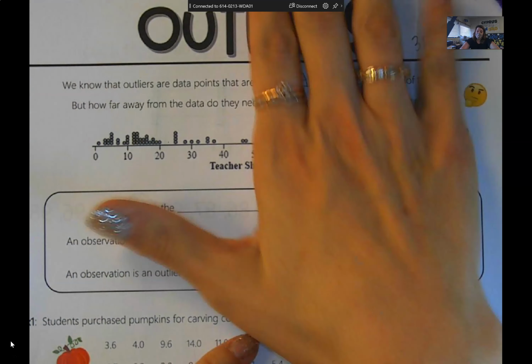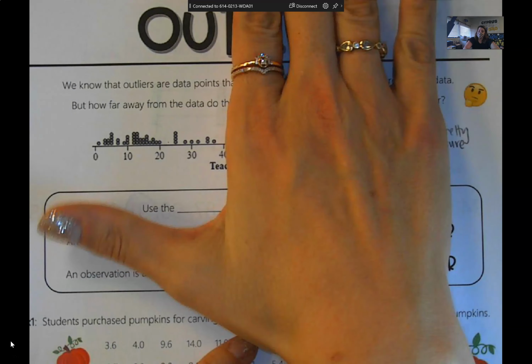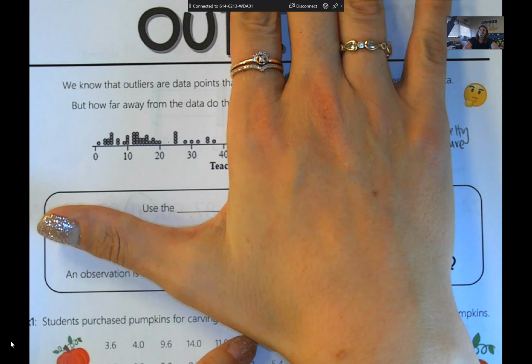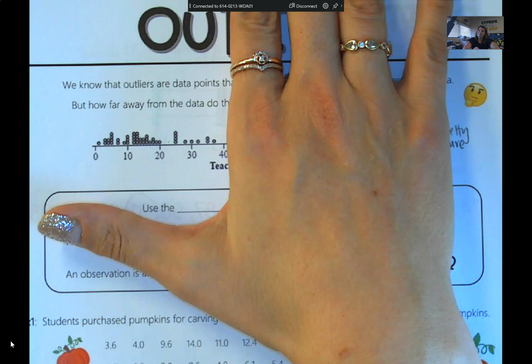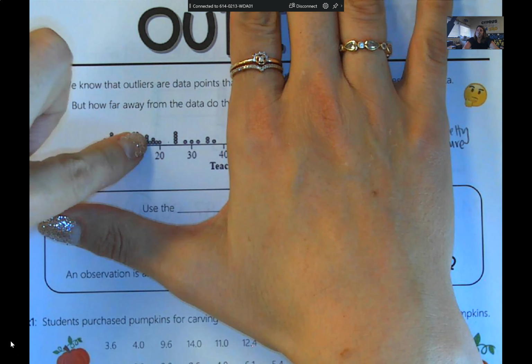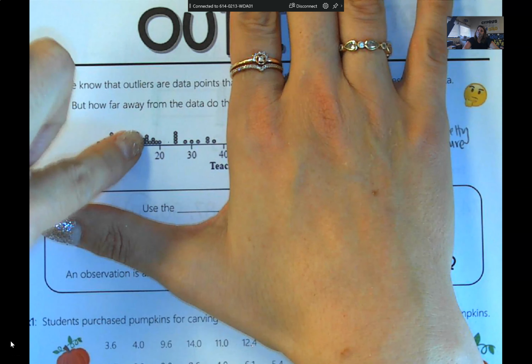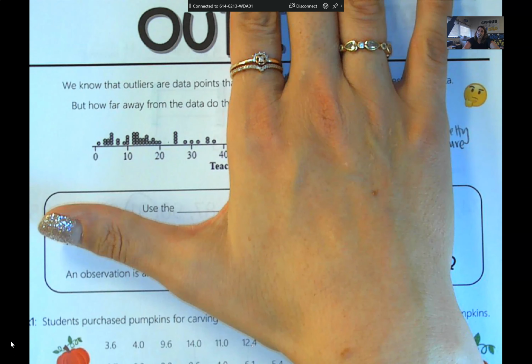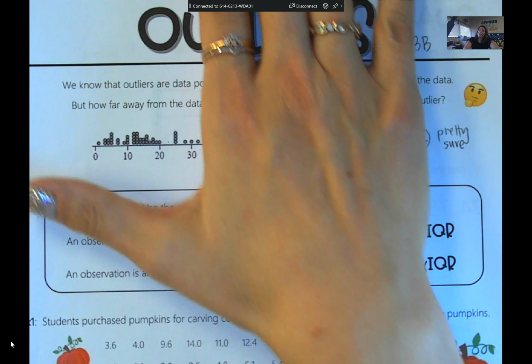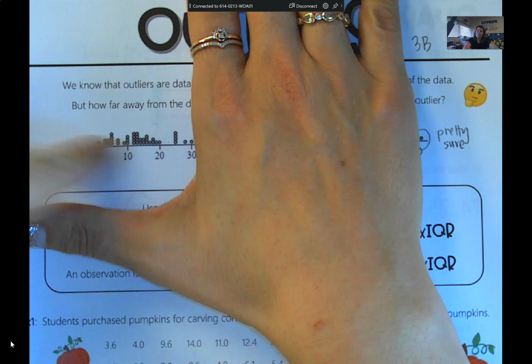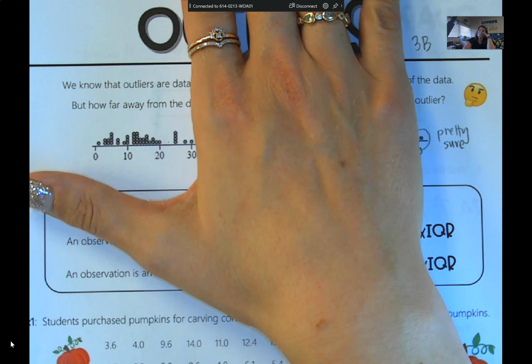If we just looked at these data values, I would say the average shoe ownership is probably around 15, 16, 17. Most of the teachers are about right here in the middle. The average is definitely going to be lower because most of them are between 0 and 20. Does that make a little bit of sense?